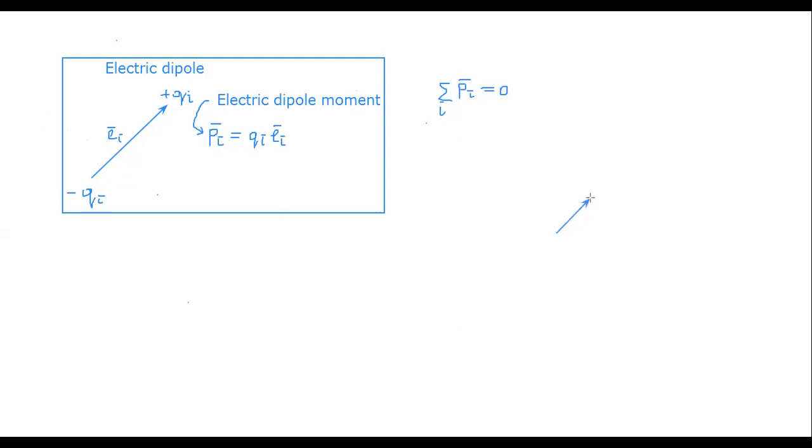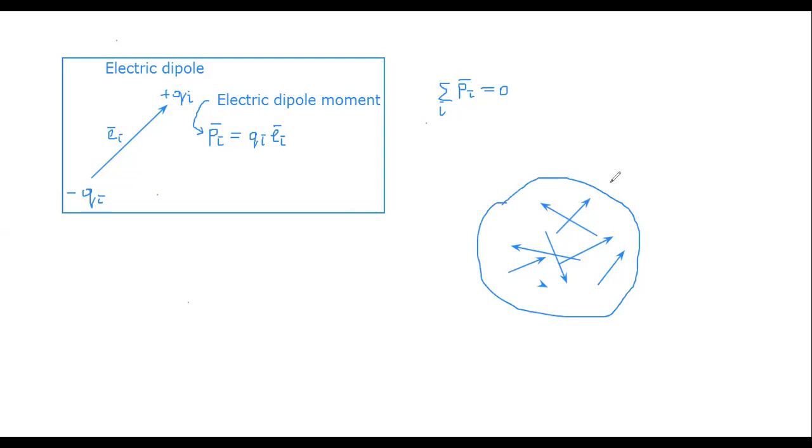We have something like this. Dipole moments are oriented chaotically. So because of different orientations, many different orientations, we have zero in this sum.